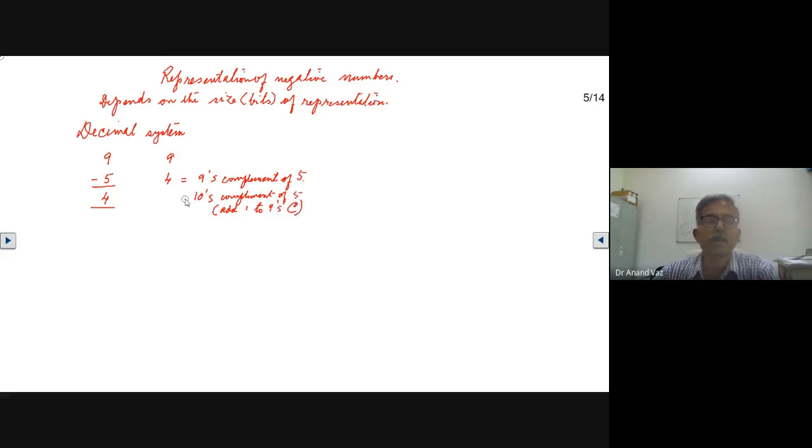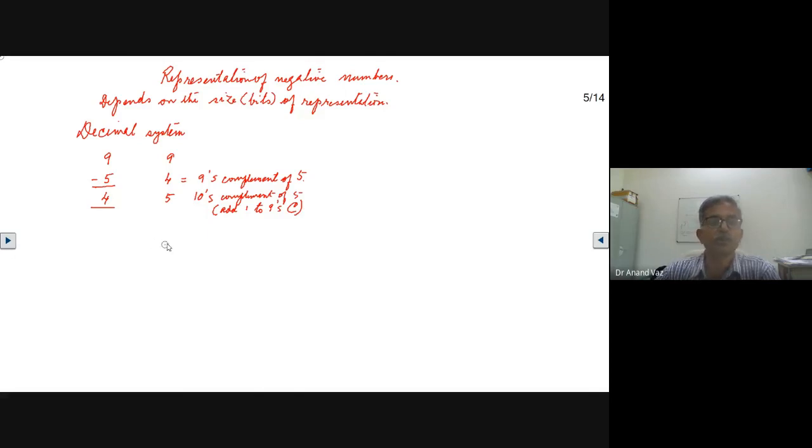So if you add 1 to 4, you will get 5. So in a single digit representation, 5 is actually the negative representation of 5.